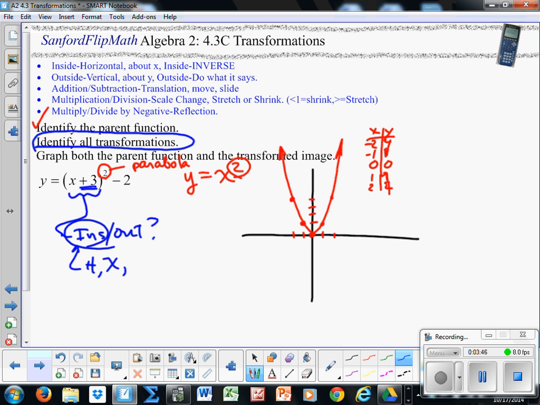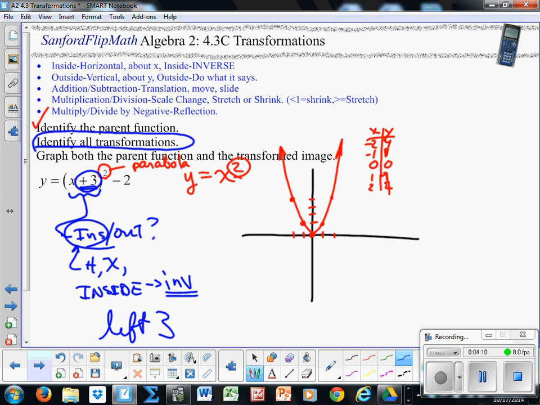Well, this is addition, and remember that anything about addition or subtraction is a slide or shift or a translation, and it is inside, so I have to do inverse. So ultimately what that means is +3 inside the equation is really going to be left 3.